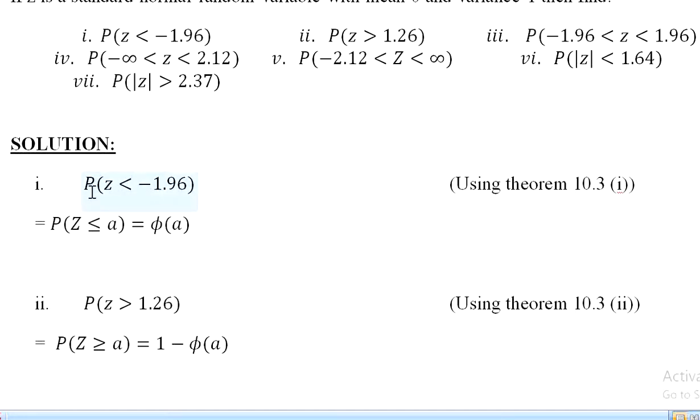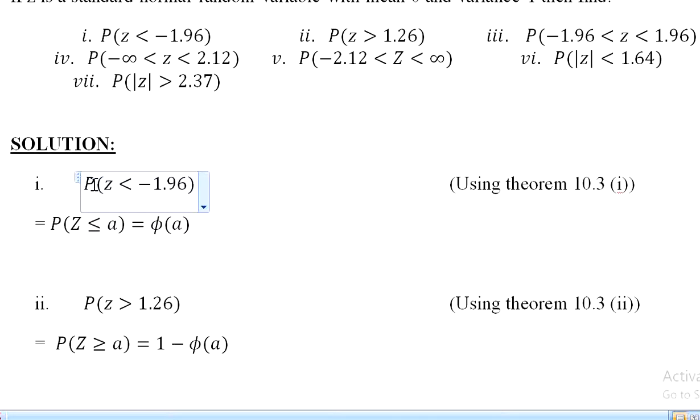If you want to find the probability that Z is less than 1.96, remember in some of our previous lectures I discussed theorems 10.3 and 10.4. I will find the probability using a table and will solve it in the calculator.